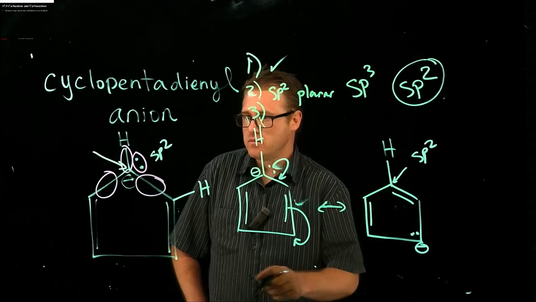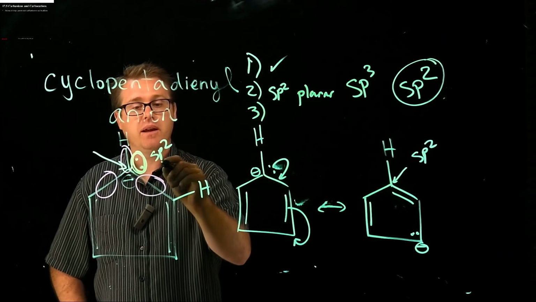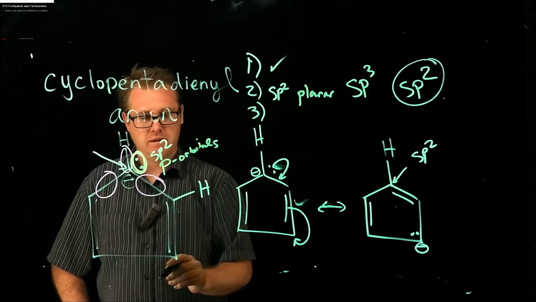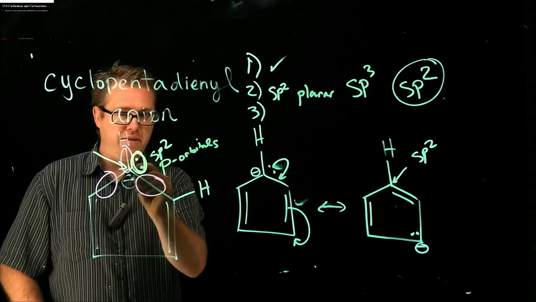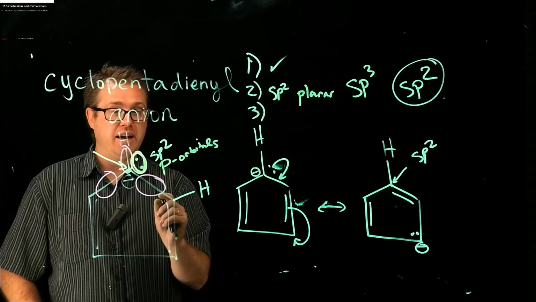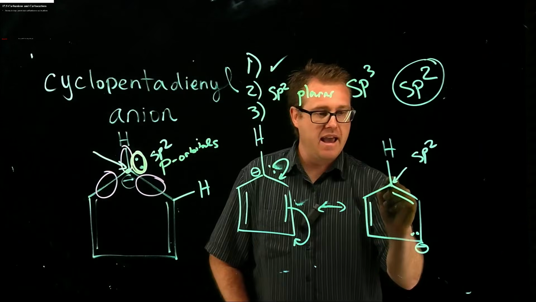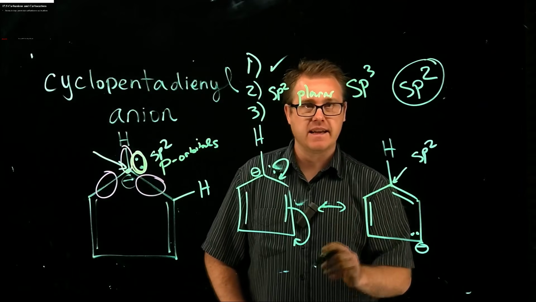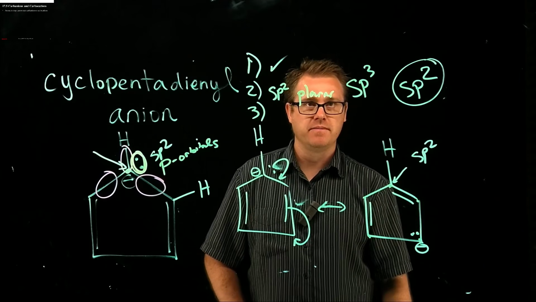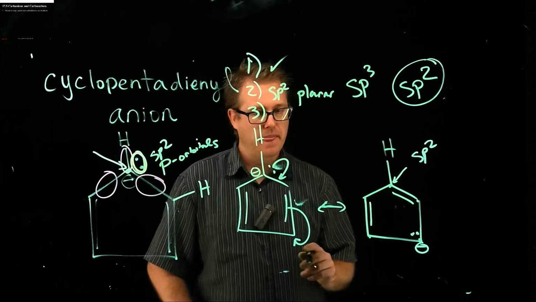Well, those electrons right there are in p orbitals. So if this carbon is in fact sp2 hybridized, it has a p orbital. So we've established that every single carbon here is sp2 hybridized, so every single carbon has a p orbital, and it's conjugated. Okay.